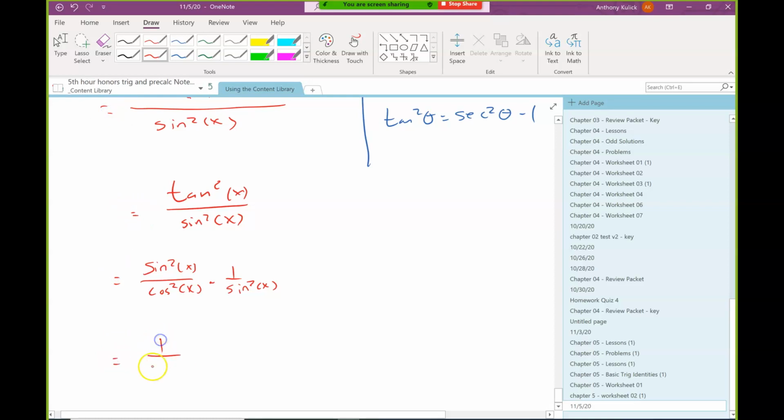So we thought about this as tangent squared times 1 over sine squared, right? That's still the same thing, because we turned tangent into a fraction. It made it easier to think about that as the multiplication of two fractions rather than a fraction divided by a fraction. You know what I mean?